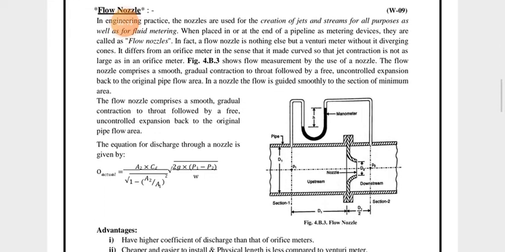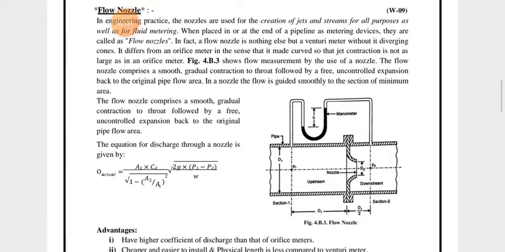Generally, you may have experienced that when we are watering the plants or the flowers, we connect the pipe to the tap, and at the end of the pipe, we put a thumb on the end, so that the area of that water flowing pipe decreases, from a higher area to a lower area.